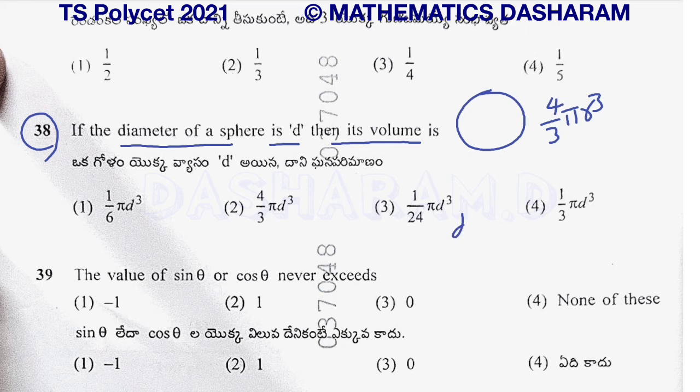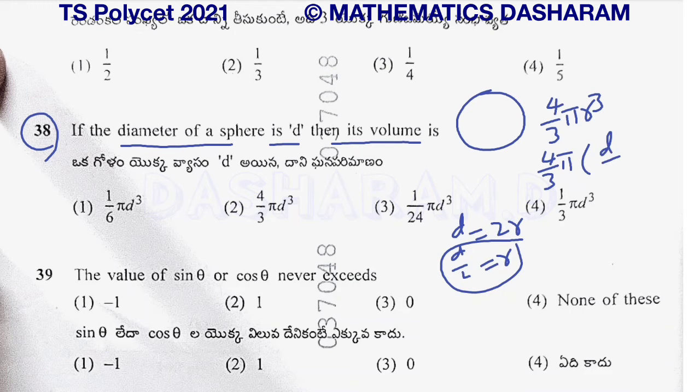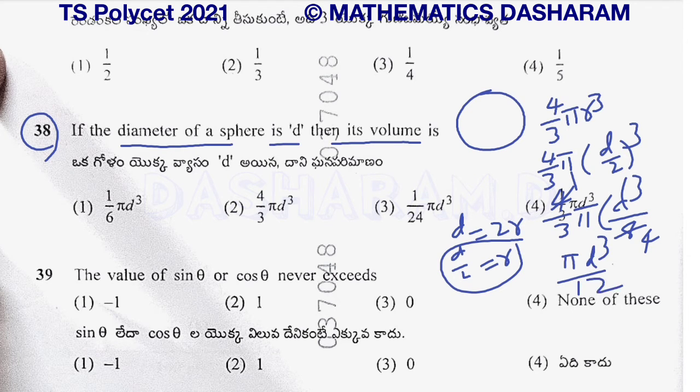Normally, what is d? The formula is 2r, from this d by 2 equal to r. We have to substitute this in here. So 4 by 3 into pi into d by 2 whole cube. So 4 by 3 into pi into d cube divided by 2 cube means 8. 4 ones are 4, 4 eights are 8. So pi d cube divided by 3 fours are 12.